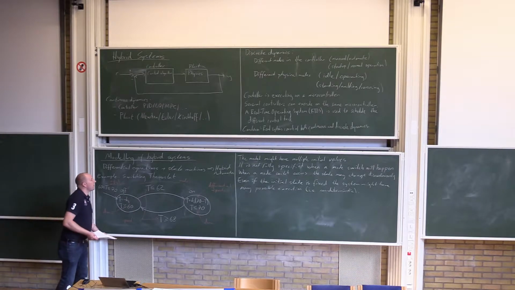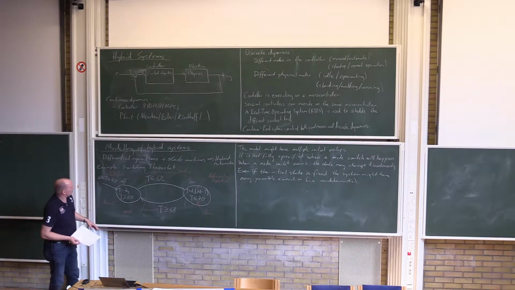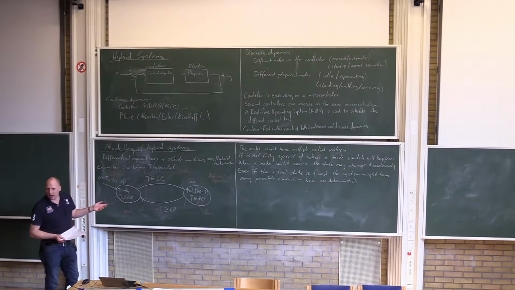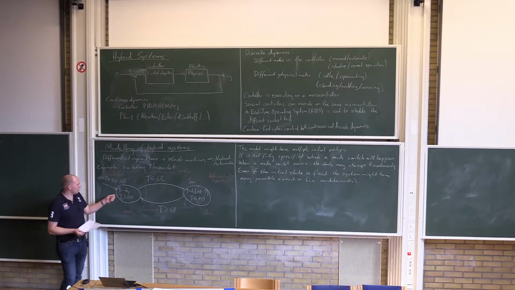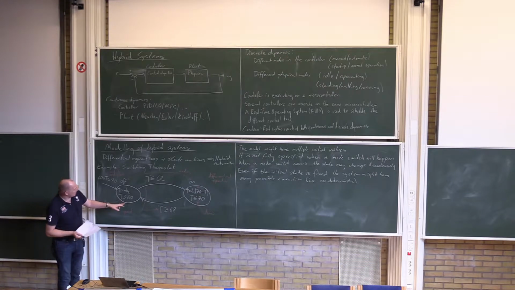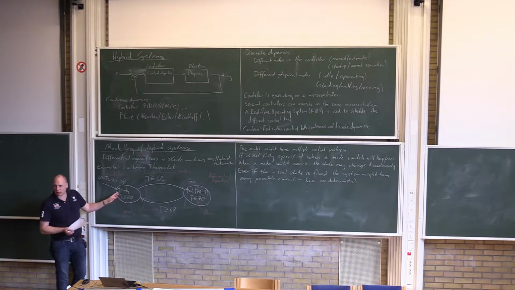Thinking about our state variables, we have two types here. We have the continuous state variable T, and we have this discrete state variable that in this case describes the two modes.